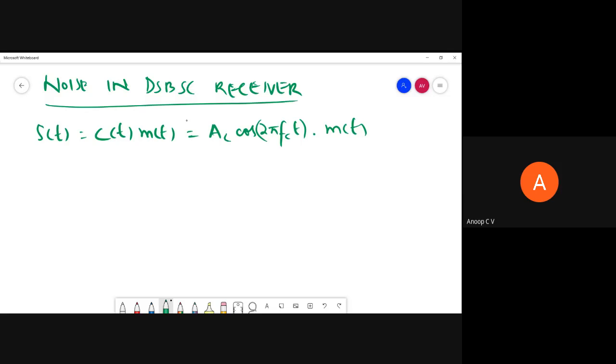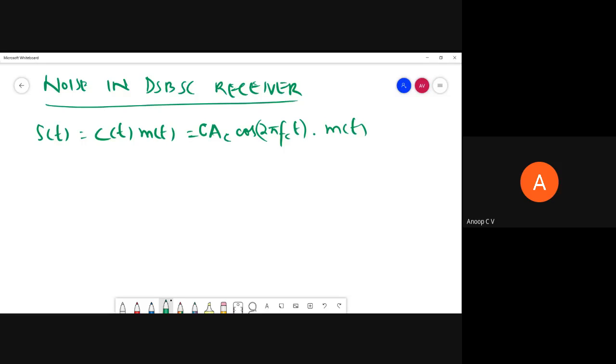In order to bring in the influence of the system which we are using, we'll add one constant C also. No problem if you assume this constant C to be equal to 1.